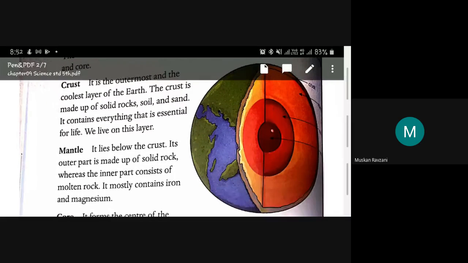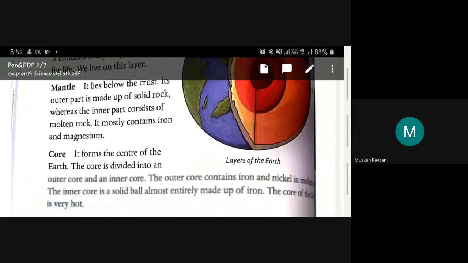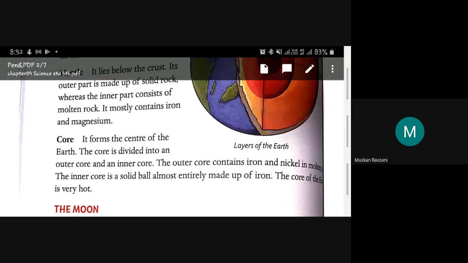Mantle. It lies below the crust. Its outer part is made up of solid rock, whereas the inner part consists of molten rock. It mostly contains iron and magnesium. Core. It forms the center of the earth.